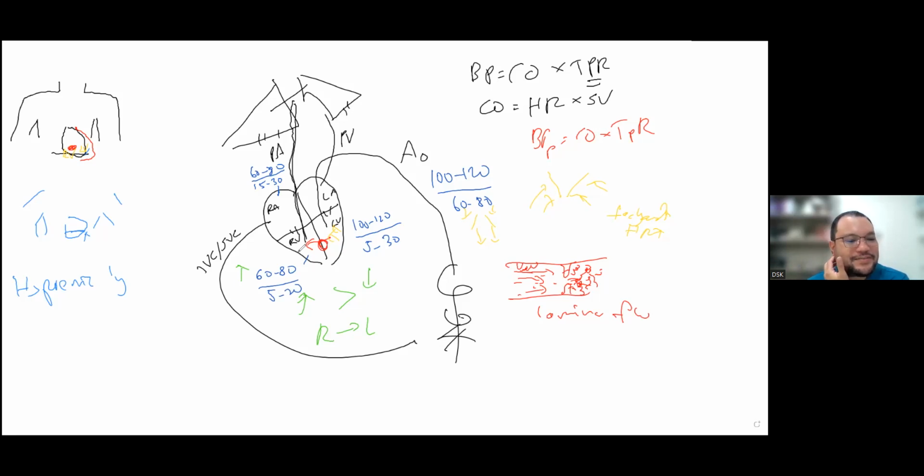Anyone? You'll have palpable P2. Sebab sekarang bila the right ventricle, bila your pulmonary valve sini kan, you have S1 S2, basically P2. S1 is first heart sound, S2 is second heart sound.